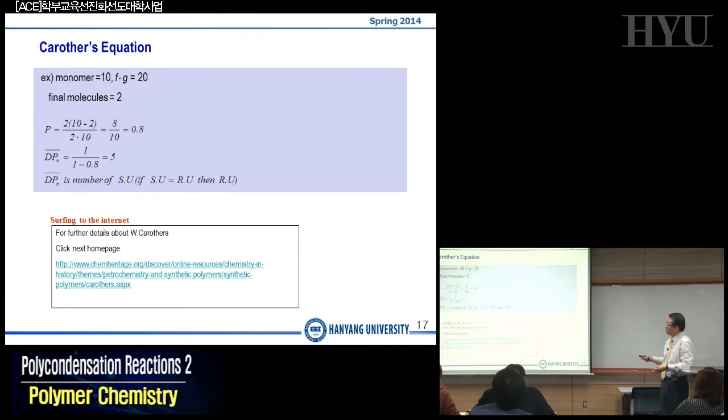But DPn in this case is only 5. Now I put here SU and RU. Can you guess what RU and SU are? RU is defined as repeating units, and SU is defined as structural units.